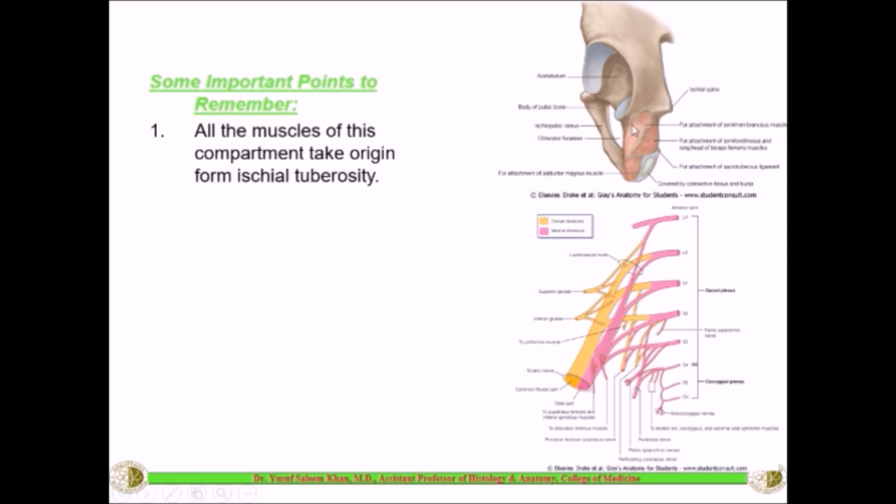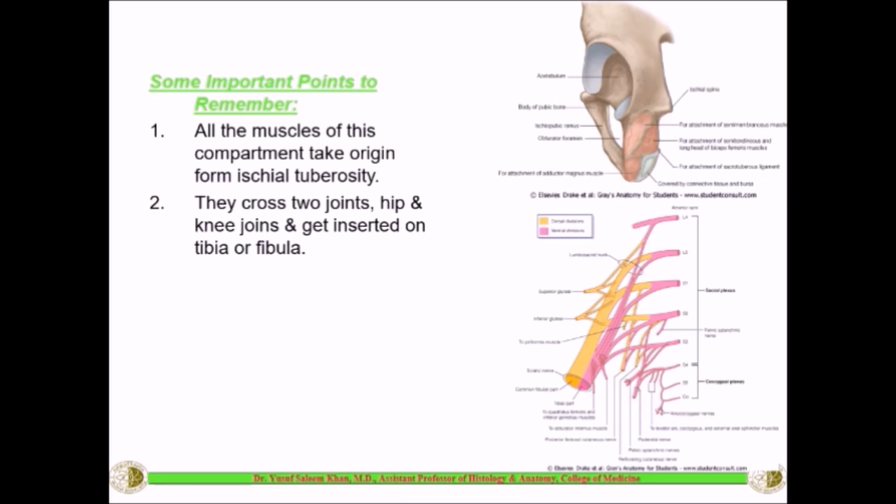All three muscles take origin from this part. Superomedially will be the origin of the semimembranosus, and below it will be the origin of the semitendinosus as well as the biceps femoris.